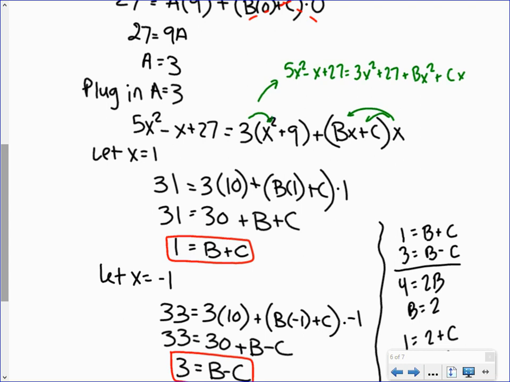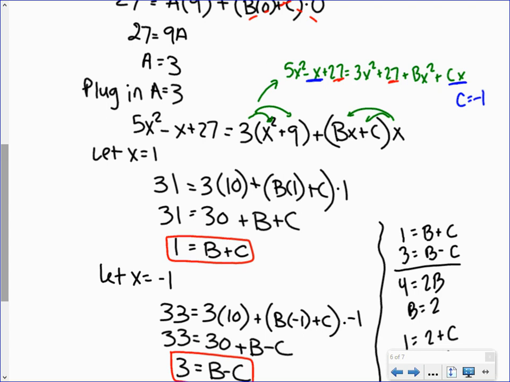You see this? Okay. And then notice 27 and 27 match. Those are the constants. I have a negative x, and then all I have is cx, so c must be, what's the coefficient? Negative 1.